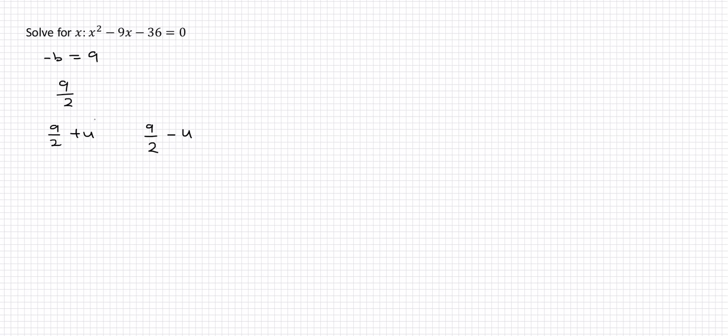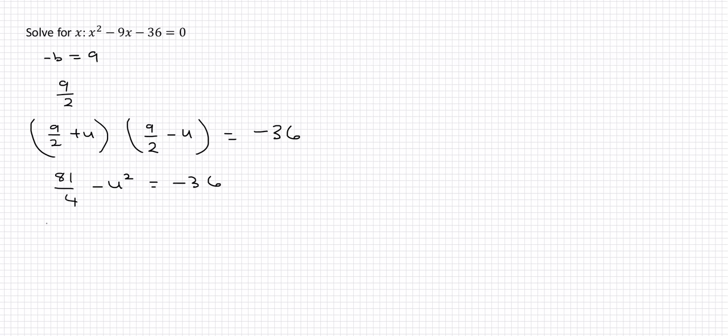Okay, so now we're going to multiply these terms together, and they're going to be equal to negative 36. So we have 81 over 4 minus u squared equal to negative 36.